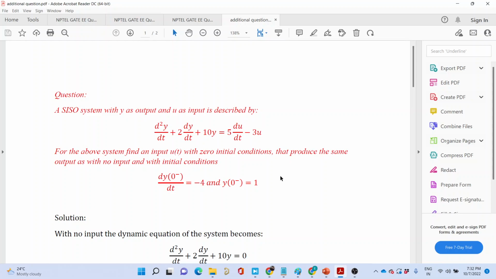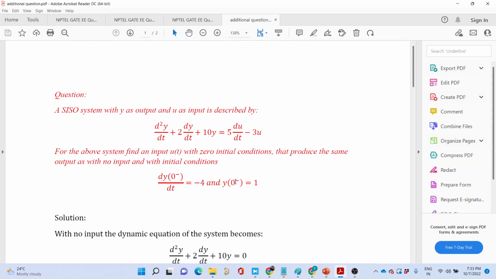I put the first equation equal to 0 and then applied the initial conditions, by putting minus 4 in place of 2 dy by dt and 1 in y.